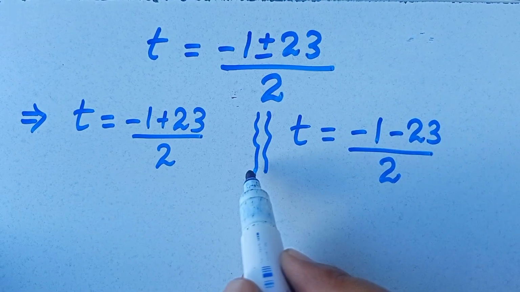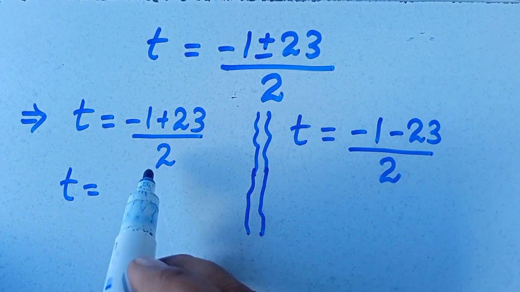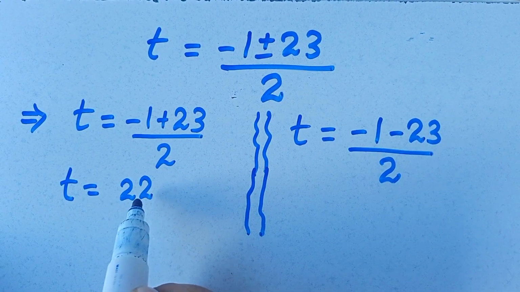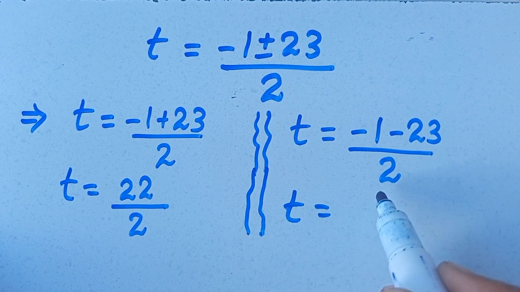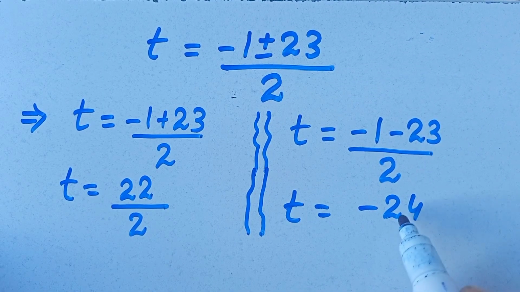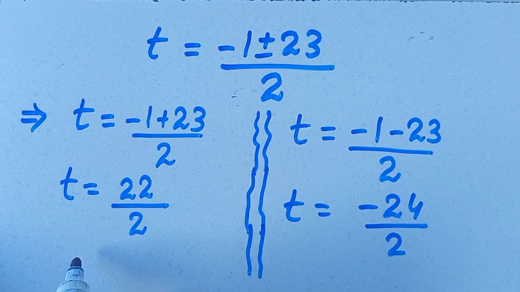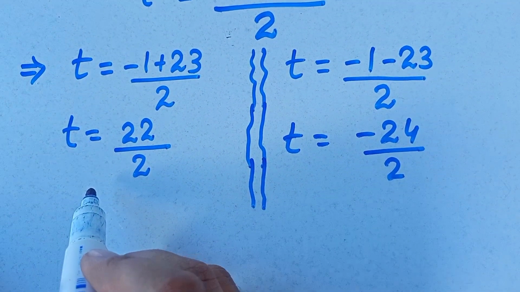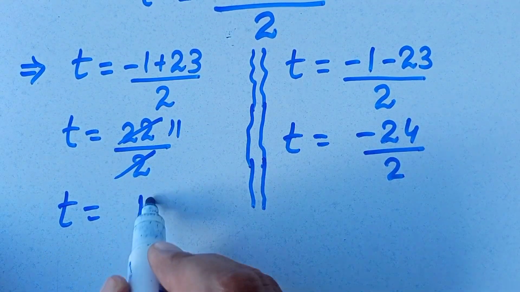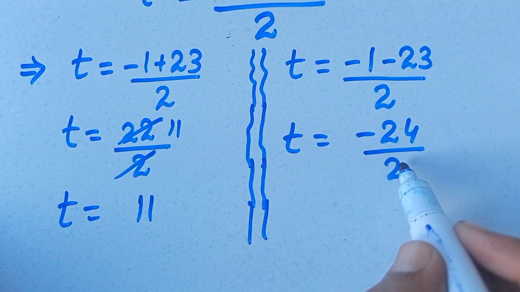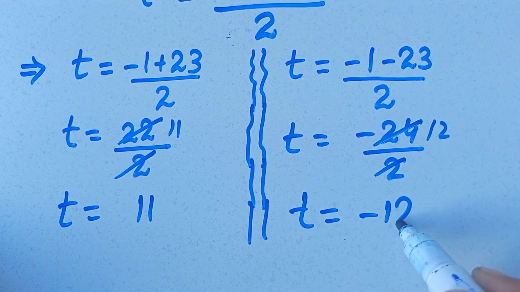Simplifying the first value, t equals negative 1 plus 23, which is 22, upon 2. For the second value, negative 1 minus 23 is negative 24, upon 2. Further simplifying, we got the first value of t as 11 and the second value of t as negative 12.